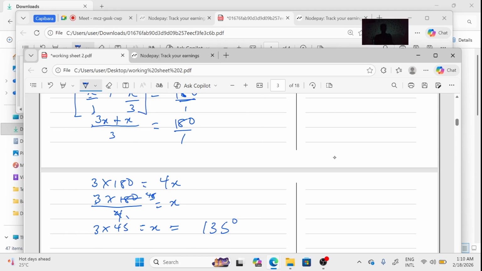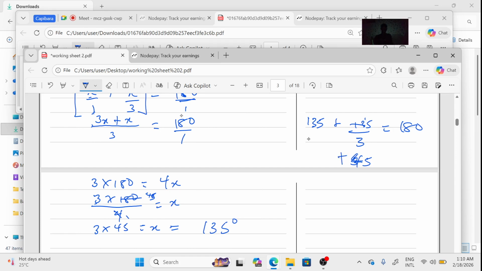So let's see if that is true. Are we saying that if you have 135 plus 1/3 of 135, both are equal to 180? 3 in 13 is 4, remaining 1. 3 in 15, 5.